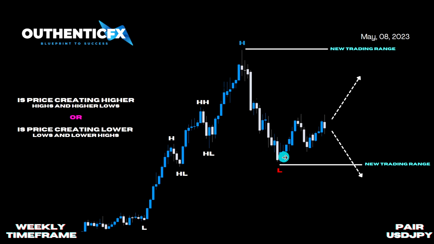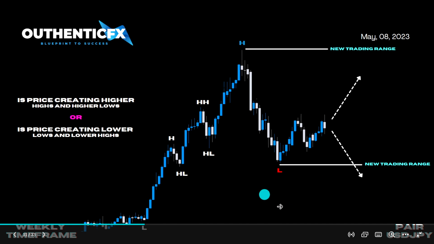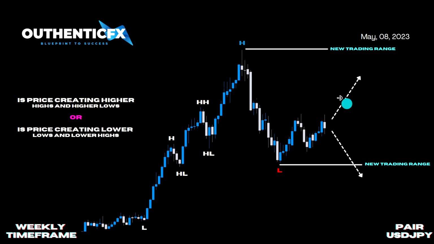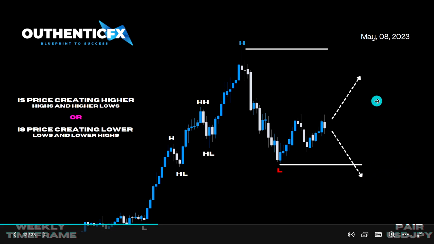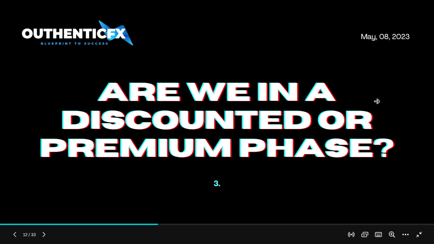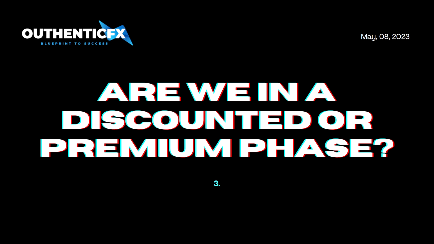So what we are most likely to see is either price gravitate up to our premium level and then break structure to create either a new bearish trend, or just reset and start a new bullish trend within this trading range. But for now, as you can see, I have marked up my high and low and the new trading range. The next question, which is question 3: are we in a discounted or premium zone?